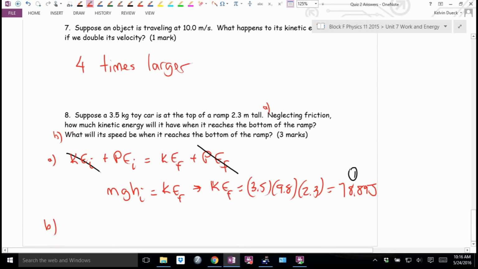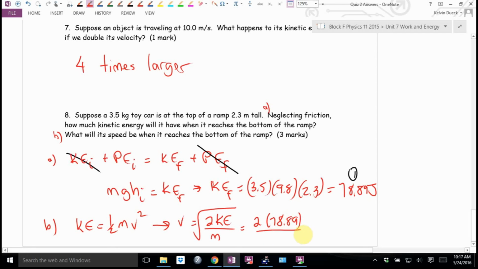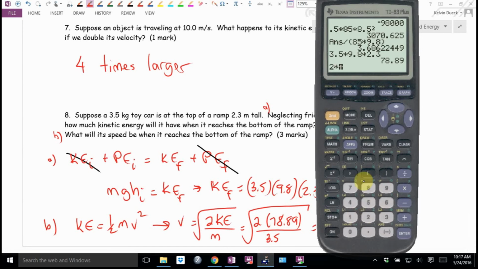Then it wants me to get the speed. Okay, KE equals a half mv squared. How would I get the v by itself? So it's going to be 2 times 78.89 all over 3.5.